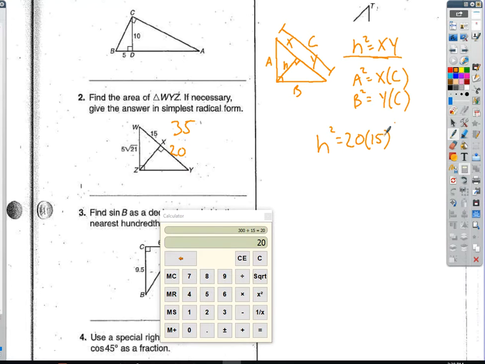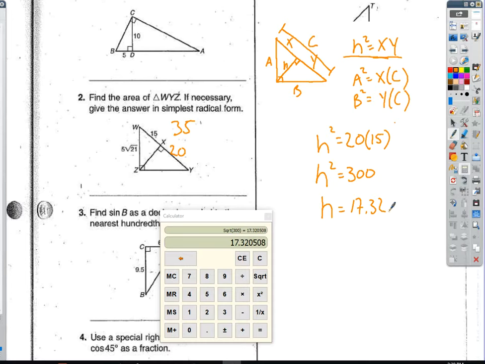Well, 20 times 15 is 300. You probably saw that one coming. And now I'm going to take the square root of it, and I get the height is equal to 17.32.